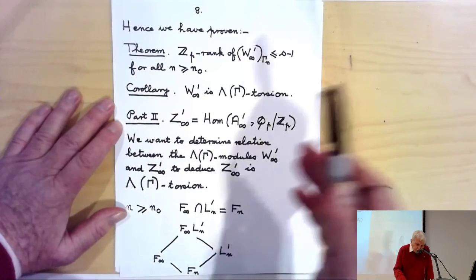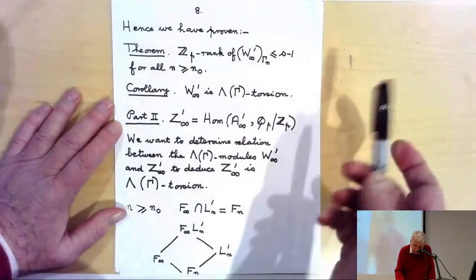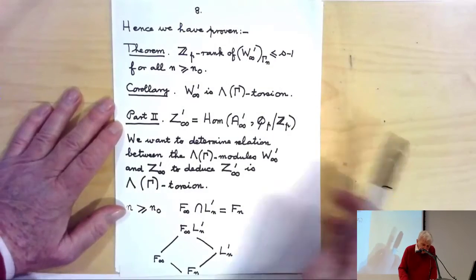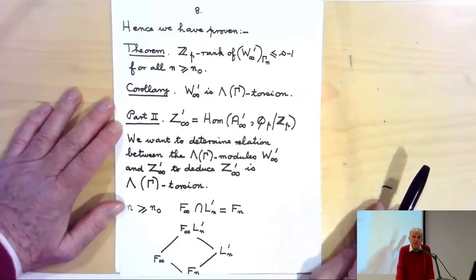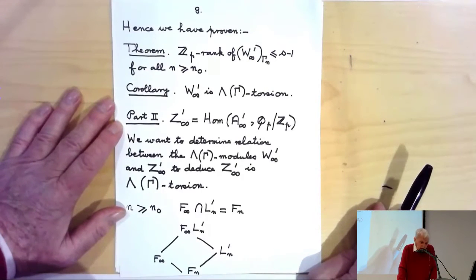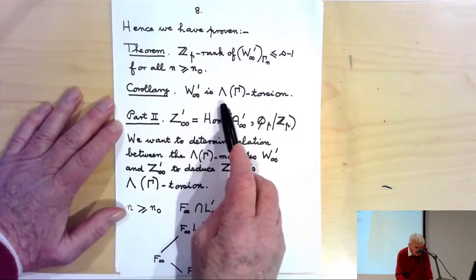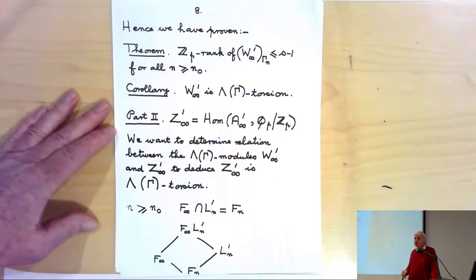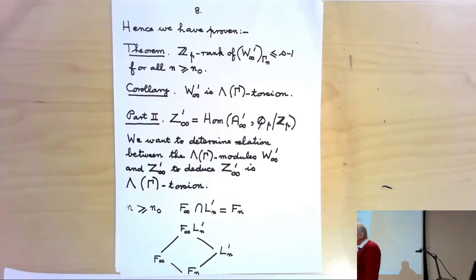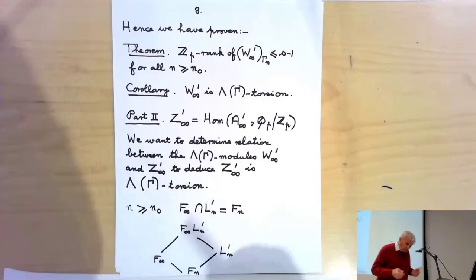And of course, each of these gamma n coinvariances is in any case a finitely generated Zp module, so there's no question of W infinity prime not being a finitely generated lambda gamma module, and so by the structure theory we immediately get the corollary that it is a torsion lambda gamma module. So this is the proof of the first part of proving the whole theorem.